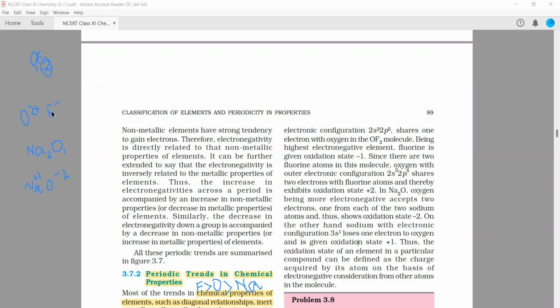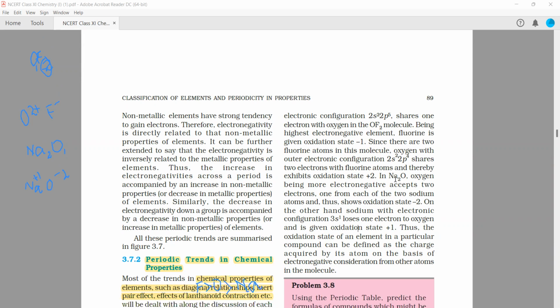Who wants the electron? F wants the electron, right? And oxygen is 2s2 2p4. When oxygen gives one electron to each fluorine, it becomes 2 electrons deficient. So oxygen being 2 electrons deficient means oxygen is +2.